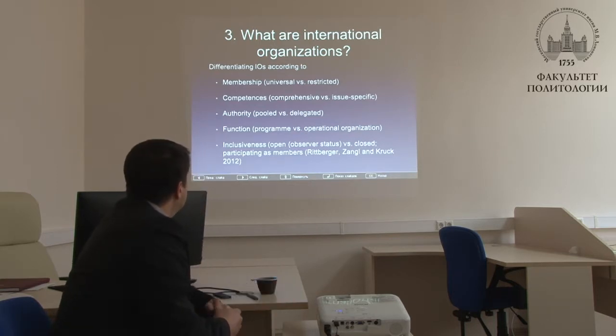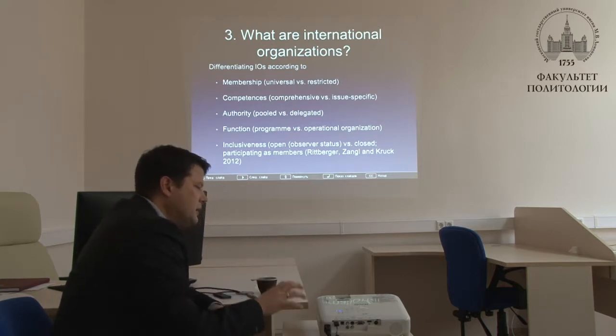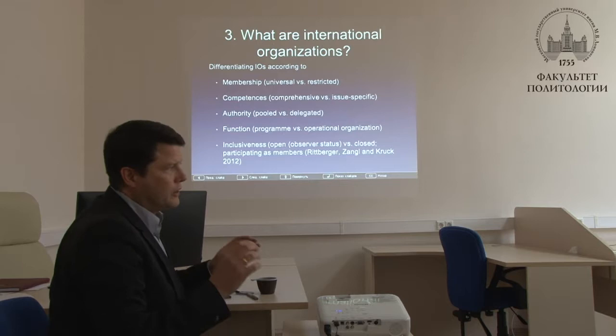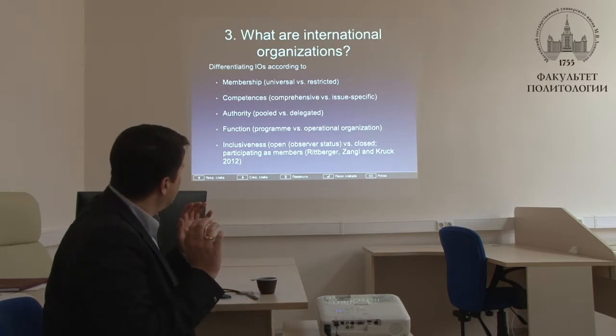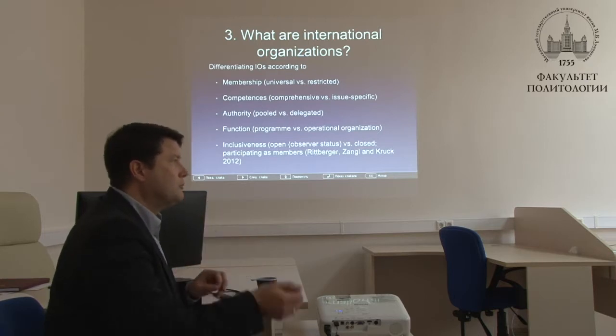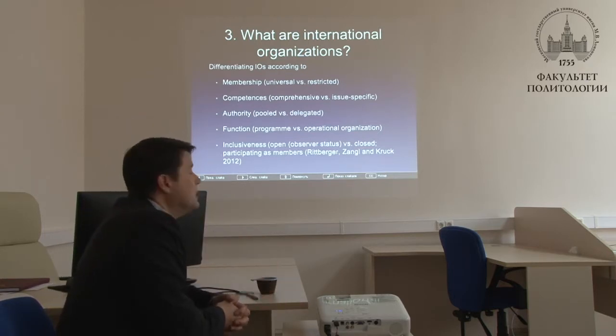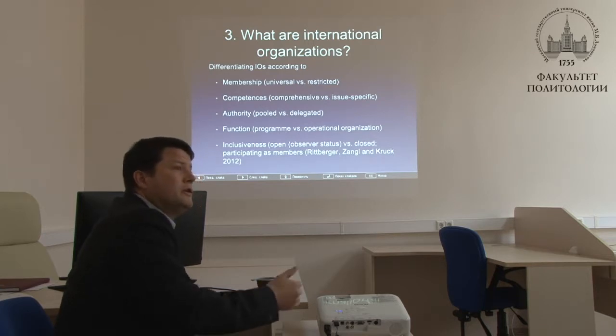You can differentiate international organizations according to their functions, whether they are rather program-oriented organizations or rather operational organizations. For program organizations, the organization typically develops a program, for example giving money for small organizations, in many cases in the field of development, for NGOs to do certain things.